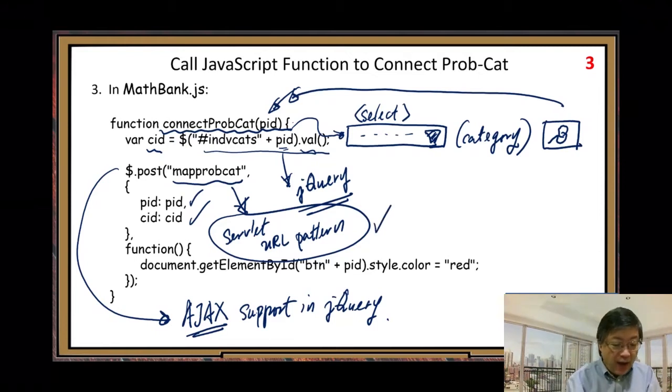Then we need to define a function to process the returned result. Sometimes some processing result is returned, so we can update our front end user's interface. But for this particular case, we do not really need to update the front end user's interface, so we only need to do a little thing.